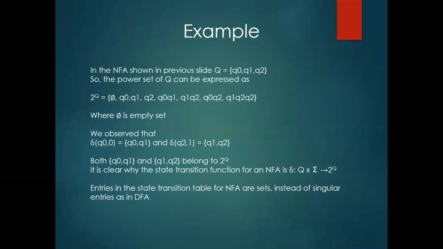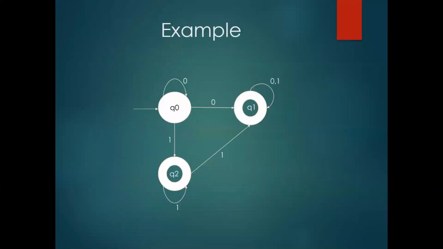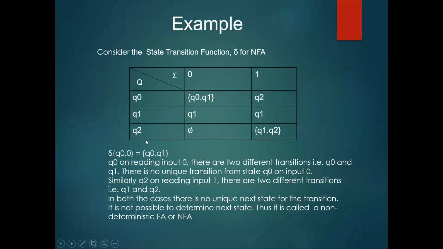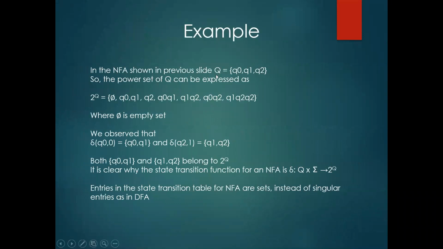So you could see that in that NFA we were having three states: Q0, Q1, Q2. And I already told you that the state transition function of an NFA maps your current state and input symbol to the power set of Q. So what is the power set of Q, that we will see. In Q, we have three states.